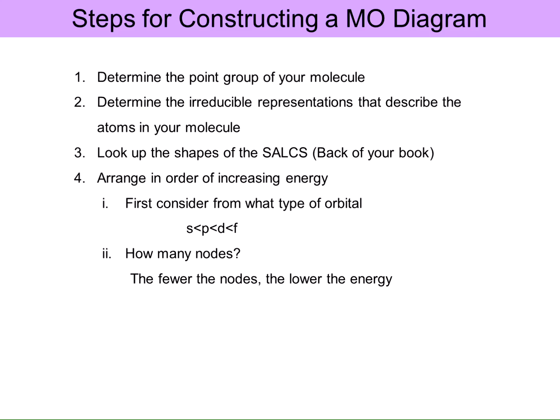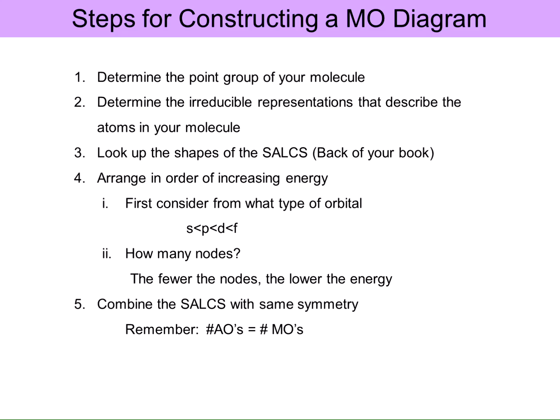But first you're going to determine what type of orbital it came from: s, p, d, or f. So the s are typically lower, and then the p's, and then the d's, and then the f's. And then you're also going to analyze how many nodes, how many nodal planes you have. The fewer the nodes, the lower the energy, because the more bonding the molecular orbital is.